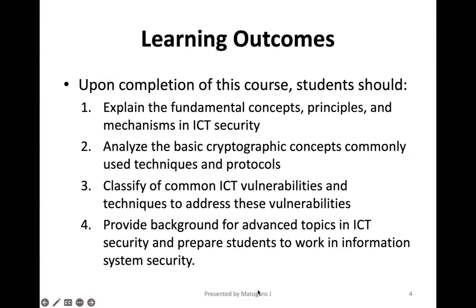This course will also provide you some background for advanced topics in information and communication technology security, and prepare you to work in information system security. I know some of you have already covered courses on cybersecurity, and some students, for example in software engineering and computer engineering, have not yet covered some of these courses.